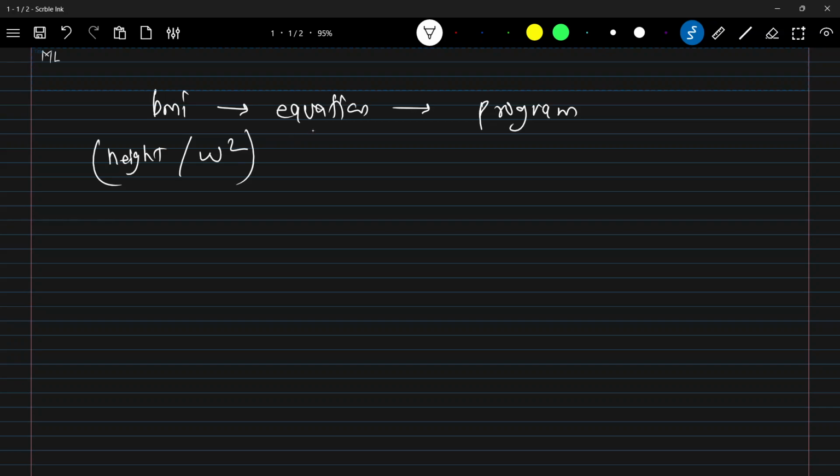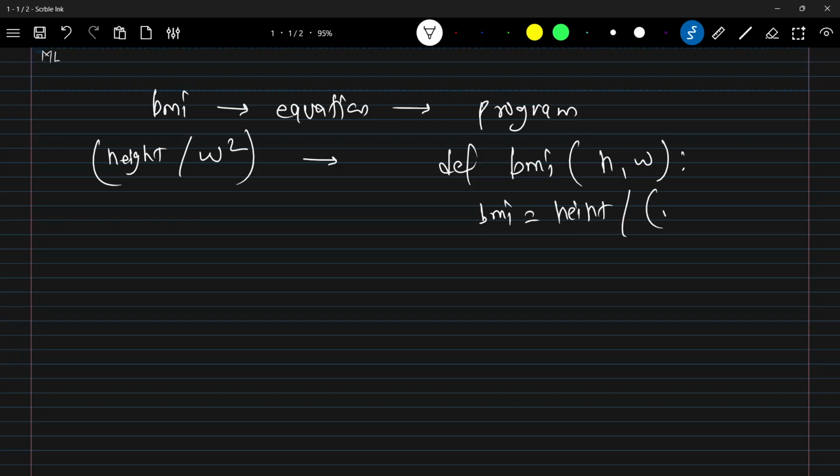So this is the equation, and if I have to convert it into a program, I have to write def bmi. I will take height, I will take weight, and then I will do this calculation, that is BMI equals height divided by weight asterisk asterisk 2, that will give BMI, then we will return BMI.